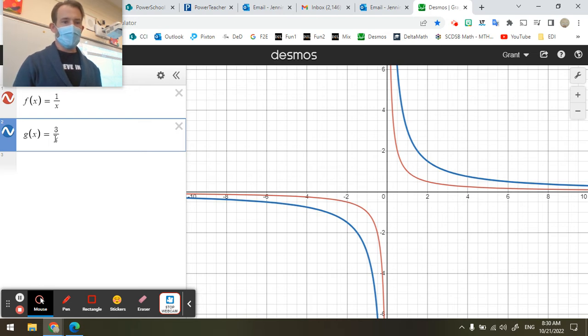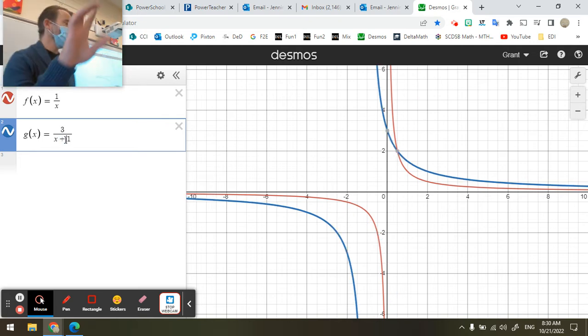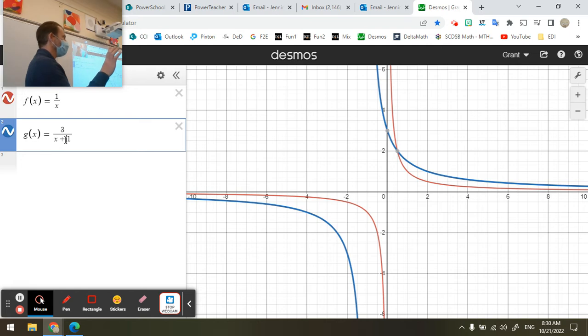Okay, so we didn't have a k transformation. Let's do x minus 1, and notice that it was x plus 1. Notice that it just shifted everything to the left 1 unit. So as I was saying, we were going to get a y-intercept. There it is. There's our new y-intercept. Because now the line that it can't touch is x is equal to -1.